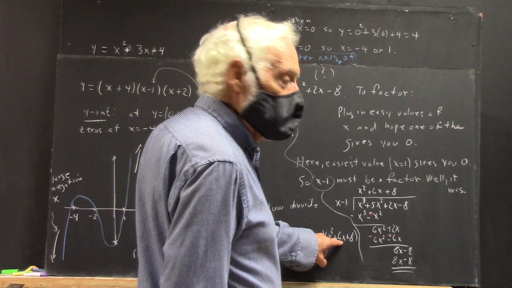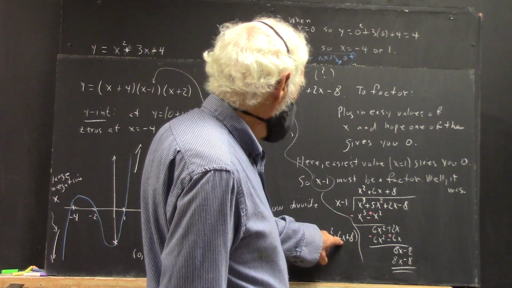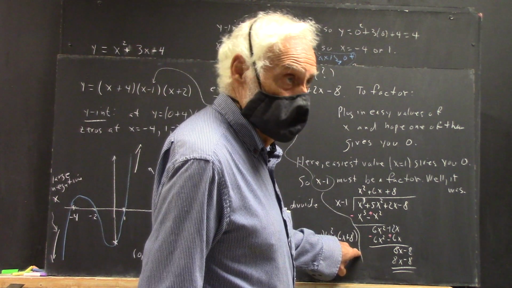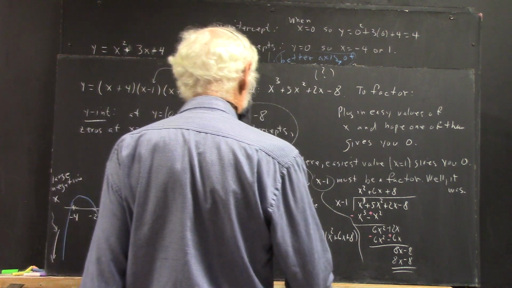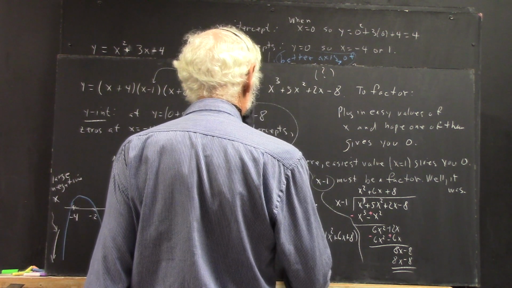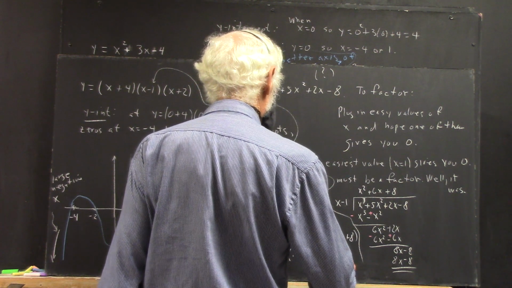But x squared plus 6x plus 8 is easy to factor. And if it isn't easy to factor, we can use the quadratic formula to see what makes it 0. Well, then this is x minus 1 times x plus 4 times x plus 2.